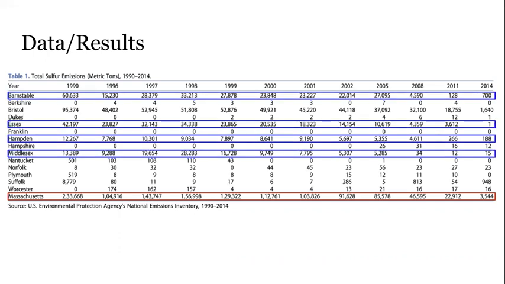In particular, we can see specific counties that had larger emissions than others. We can look at those counties and determine the levels of reduction over periods of time, from 1990 to 1996, 1996-97, and so on, and look at how those reductions occurred.